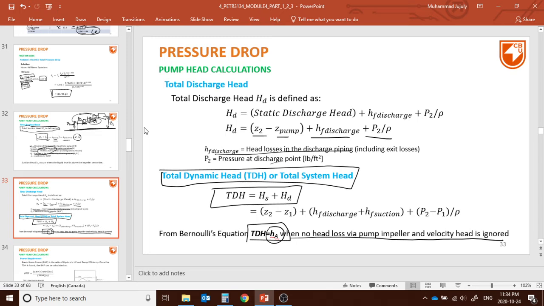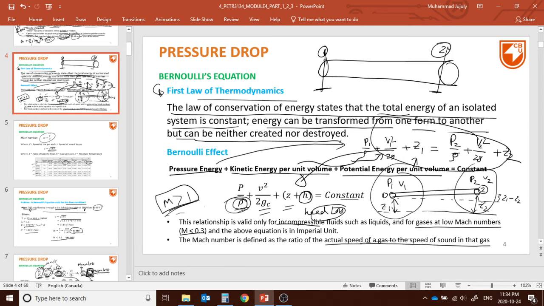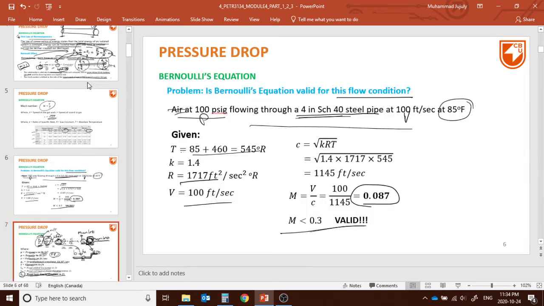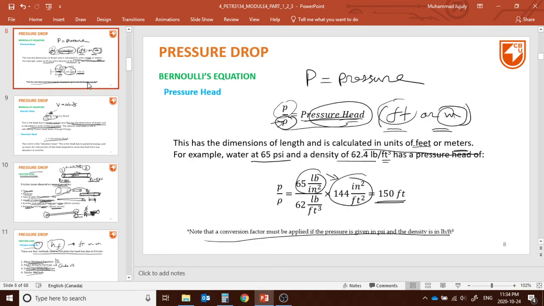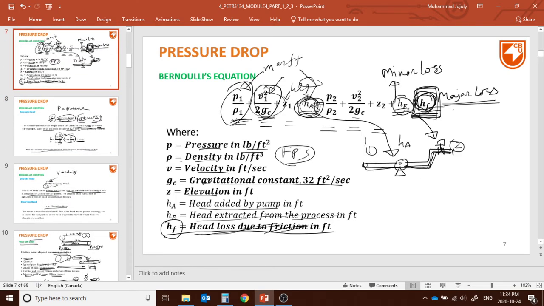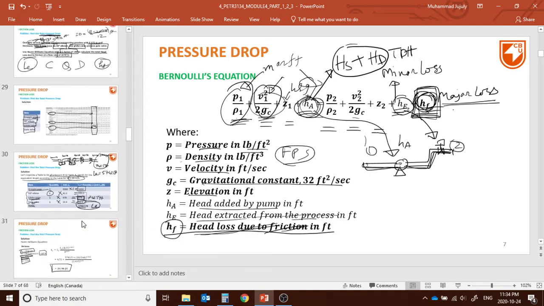So HA in this Bernoulli's equation is the addition of total suction head plus total discharge head, or we call it TDH. Okay, remember that.